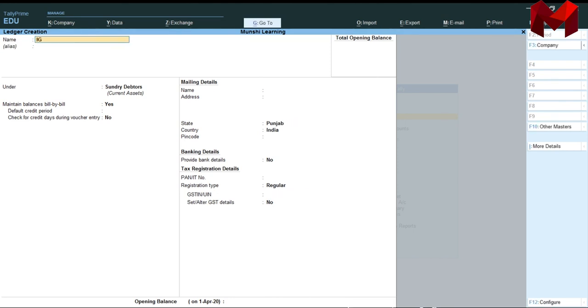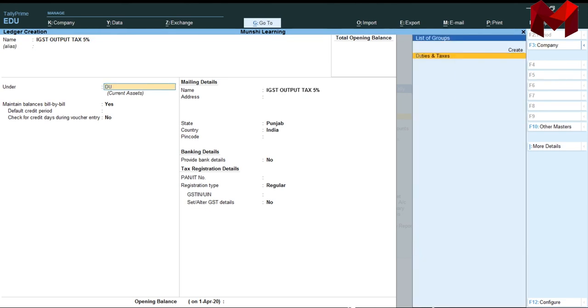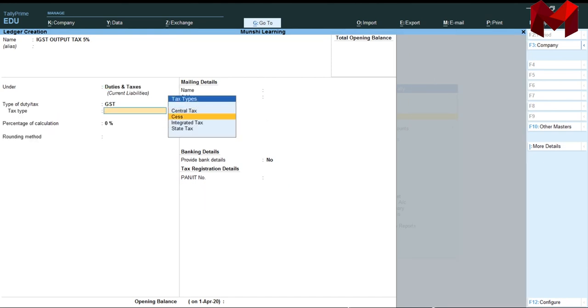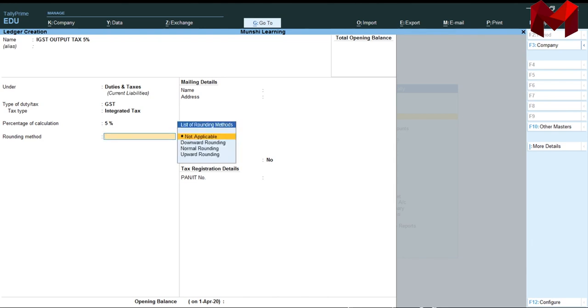Now the IGST output tax will be reflected in this entry. Output tax 5%. This is under duties and taxes. This is GST, integrated tax of 5%.